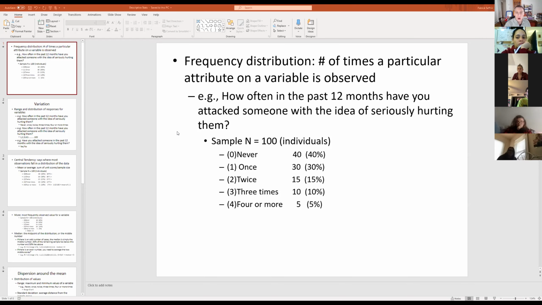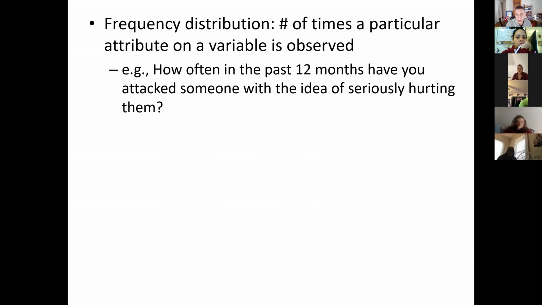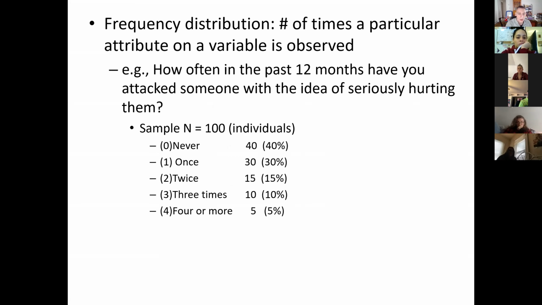So if you had a question like this, how many times have you attacked somebody with the idea of seriously hurting them? That was an actual question on a survey I worked on years ago when I was working on my dissertation. We asked this of a bunch of kids, and most kids, of course, say no to this, but some do. And this is just made up data.